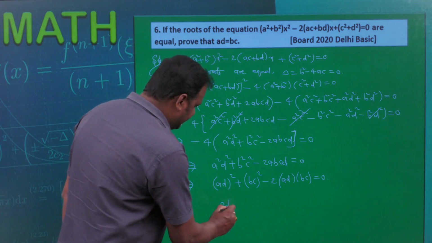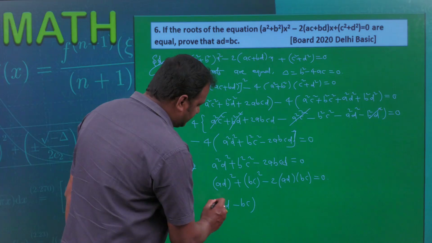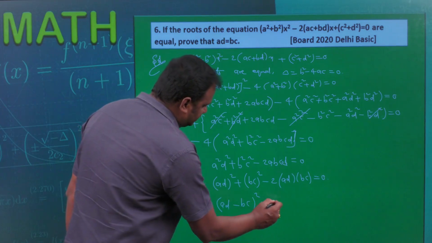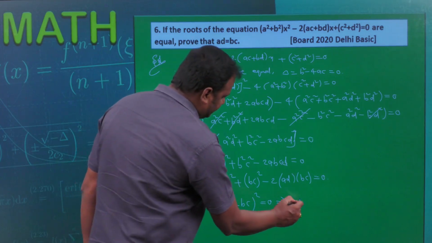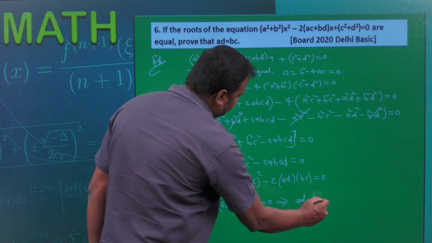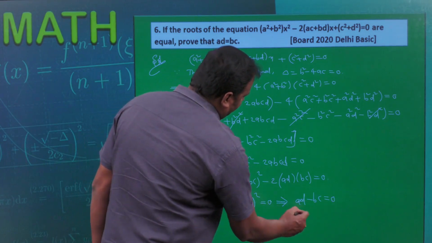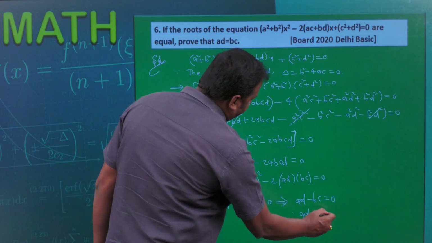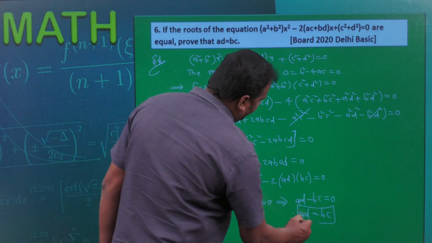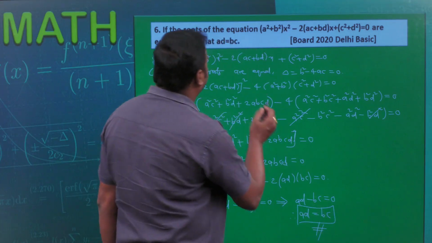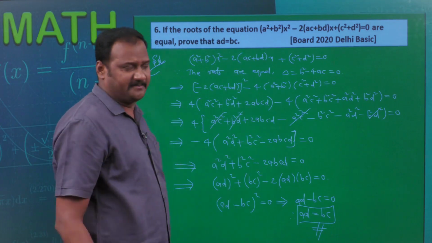So (ad minus bc) whole square is equal to 0. Then we can say that AD minus BC is equal to 0. Finally, we got AD is equal to BC. This is what we want, right? Prove that AD is equal to BC.